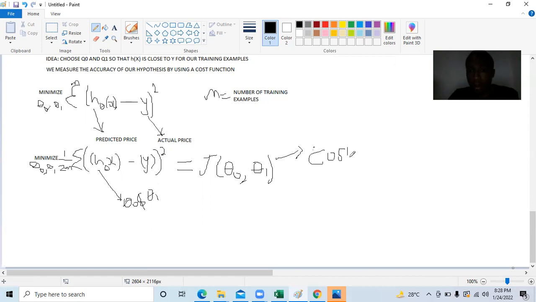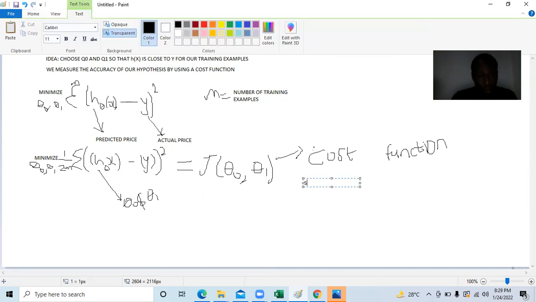So this is our cost function. Of course, here this is called the mean squared error cost function. It's not like this is the only type of cost function we have.